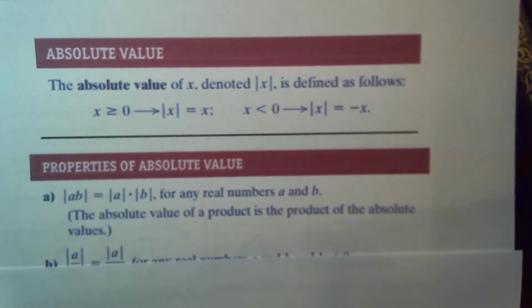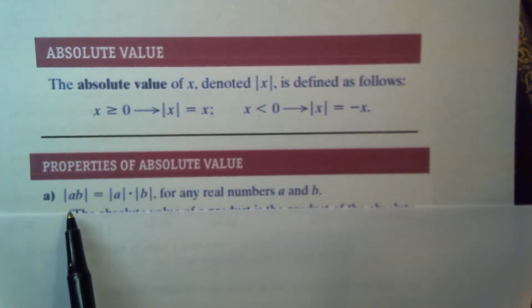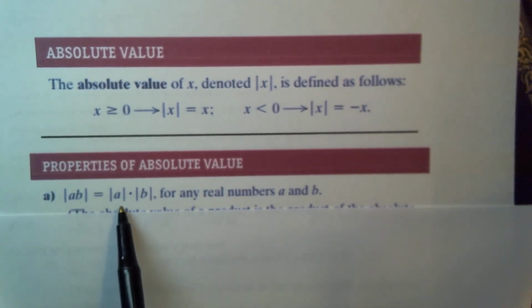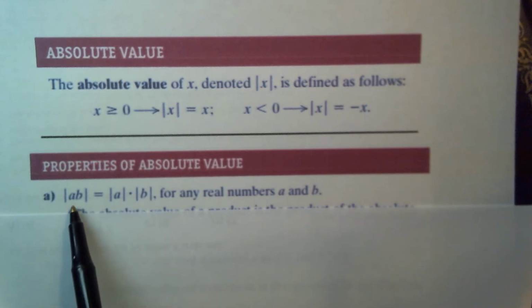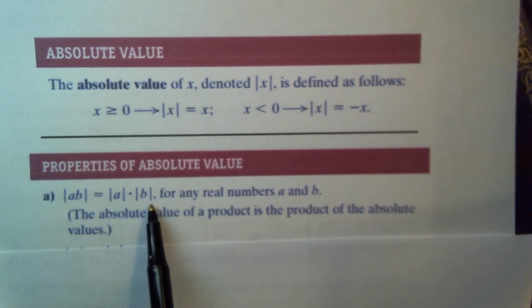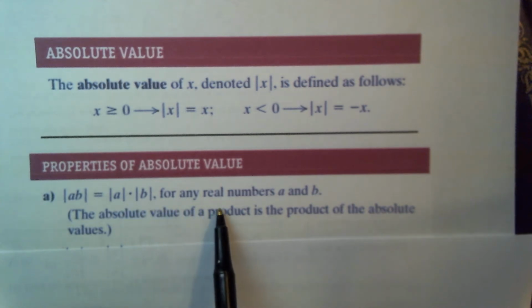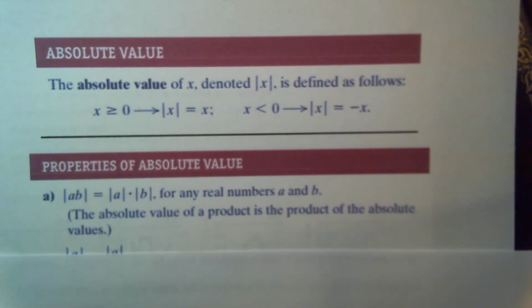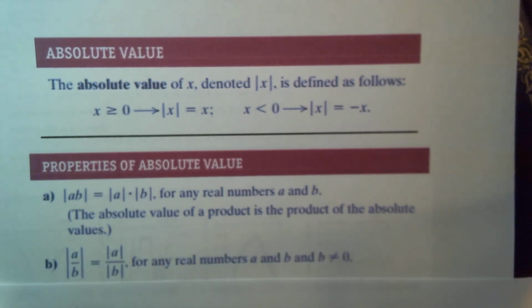So the properties of absolute value are the following. The absolute value of a product is a product of the absolute values. In other words, the absolute value of A times B is the absolute value of A times the absolute value of B for any real numbers A and B. Then, similarly, the absolute value of a quotient is the quotient of the absolute values.